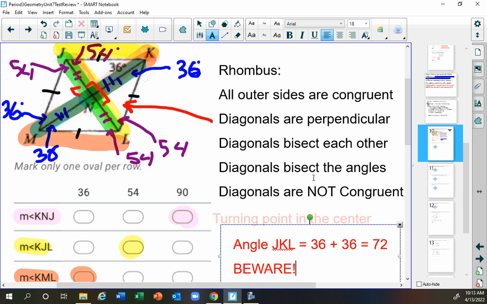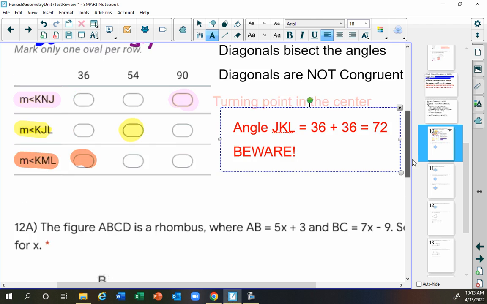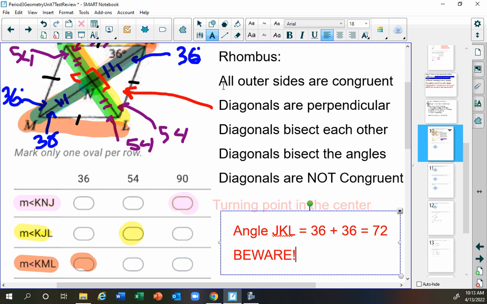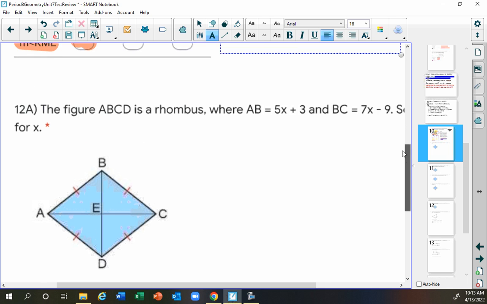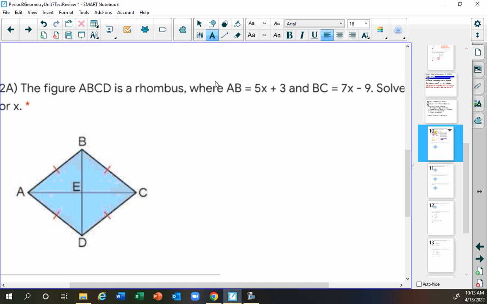Now we're going to use these rules for the next couple problems. There's quite a few problems I'm going to be dealing with the rhombus. So all the outer sides are congruent. So for this one, they said AB, 5x plus 3.